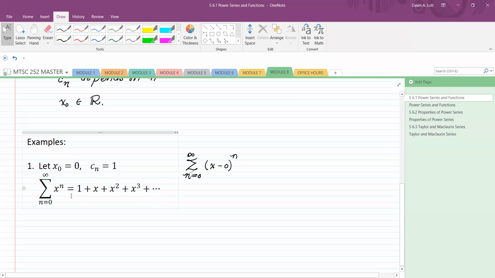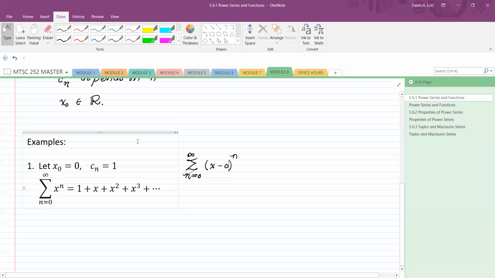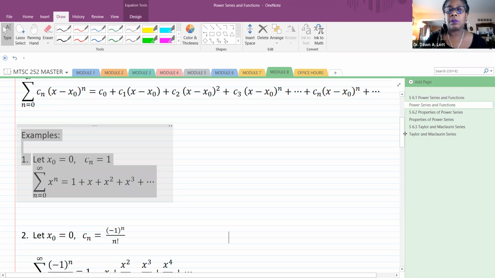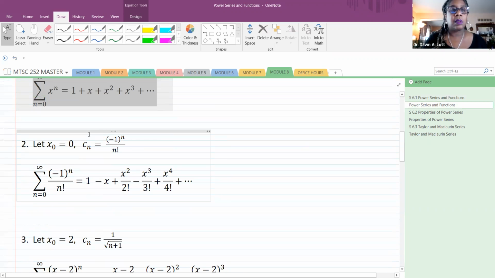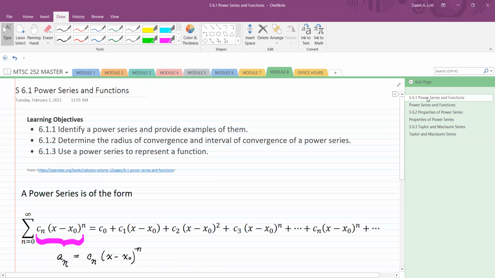So the 0 collapses, so we just get that. Any questions? The first term is x to the 0. The second term is x to the 1. The third term is x to the 2. And we just keep adding these terms and we end up with this series. Okay, that's the first one. Number 2.